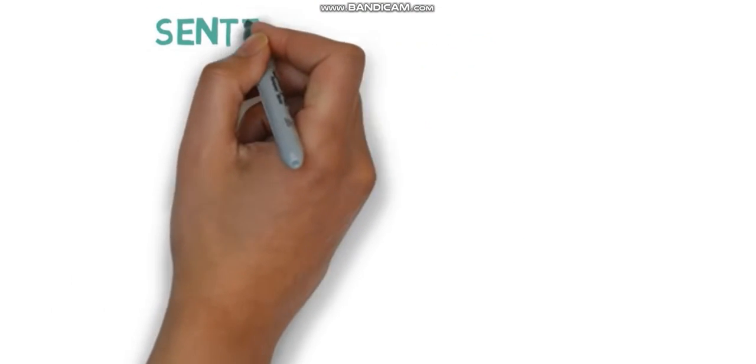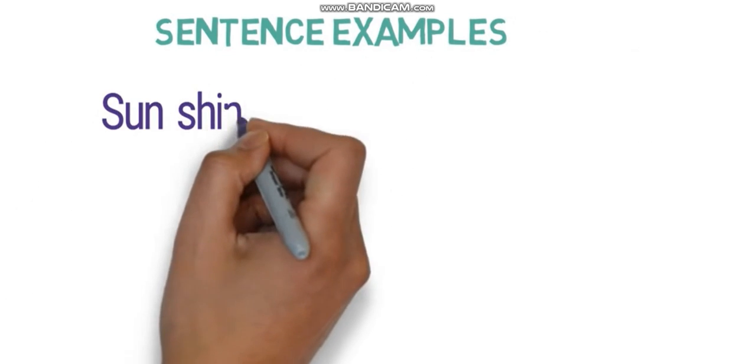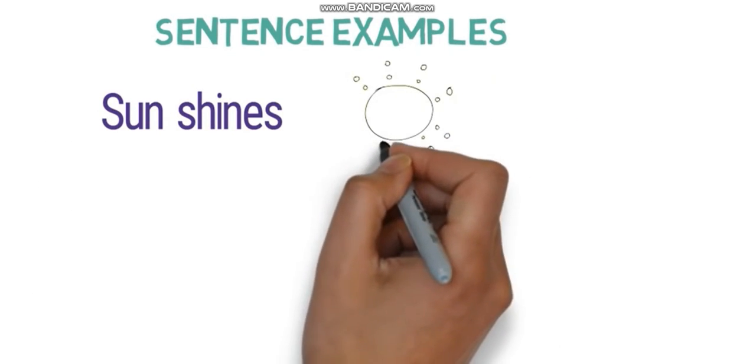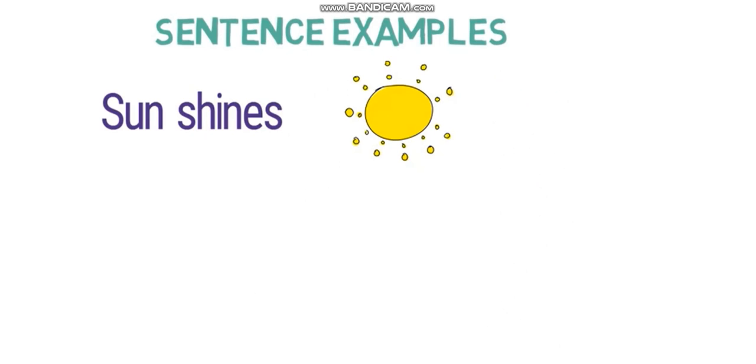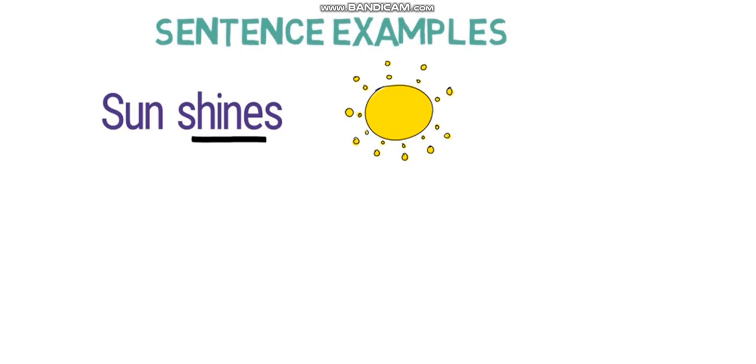Let me give you some sentence examples of them. Sun shines. Here, what is the activity of the sun? It is shining. So, shines is a main verb here. Bus stops.